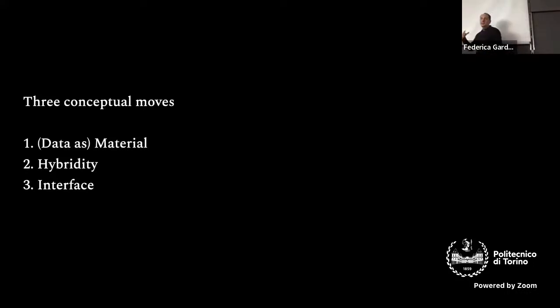And finally, the idea of the interface, broadly understood to encompass the kinds of encounters that we want to see between humans and machines. So these are the 3 elements.